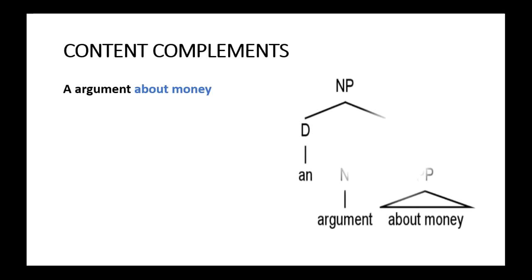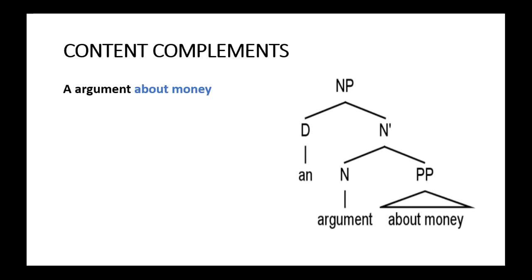So for example, if I say an argument about money, the argument is about money. So the content of the argument is money. So this is going to be a complement. Or if we say, for example, there you have an argument about money, because about money is the content of the noun, we take it to be the complement.